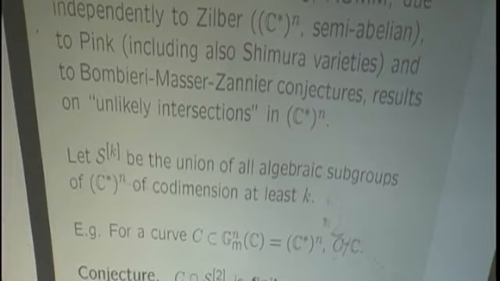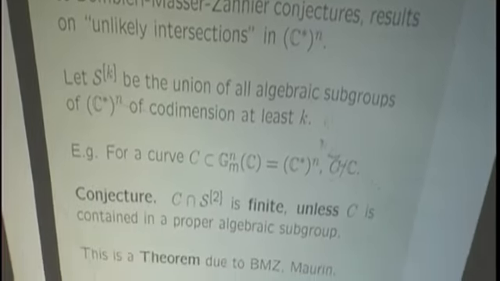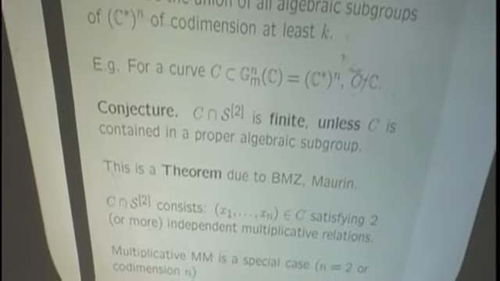Zilber was coming from model theory. He was studying the model theory of exponentiation. Here the guiding conjecture is Schanuel's conjecture, and his CIT, conjectures on intersections with tori, came out of his thinking about that. Pink, it seems, was trying to unify André-Oort and Manin-Mumford and make them part of the same statement.